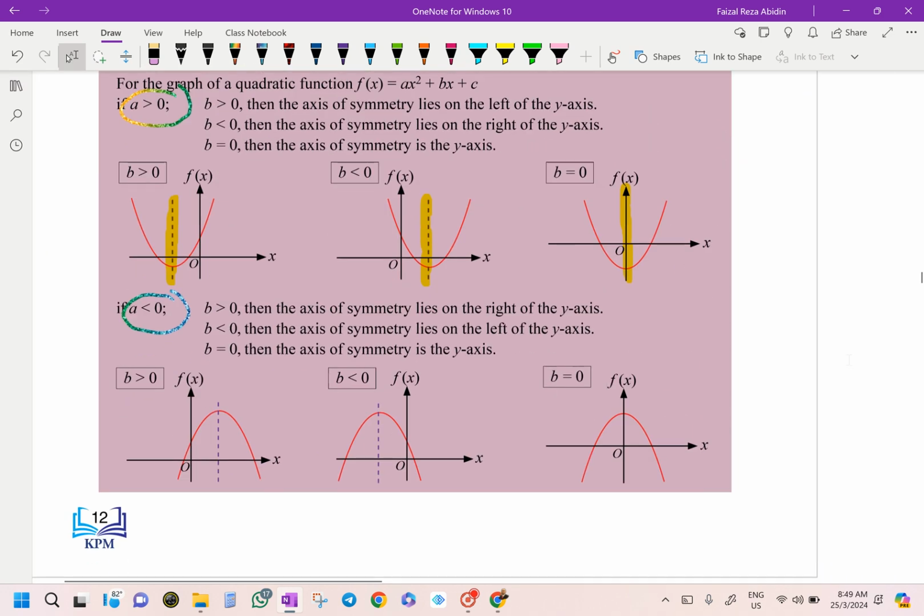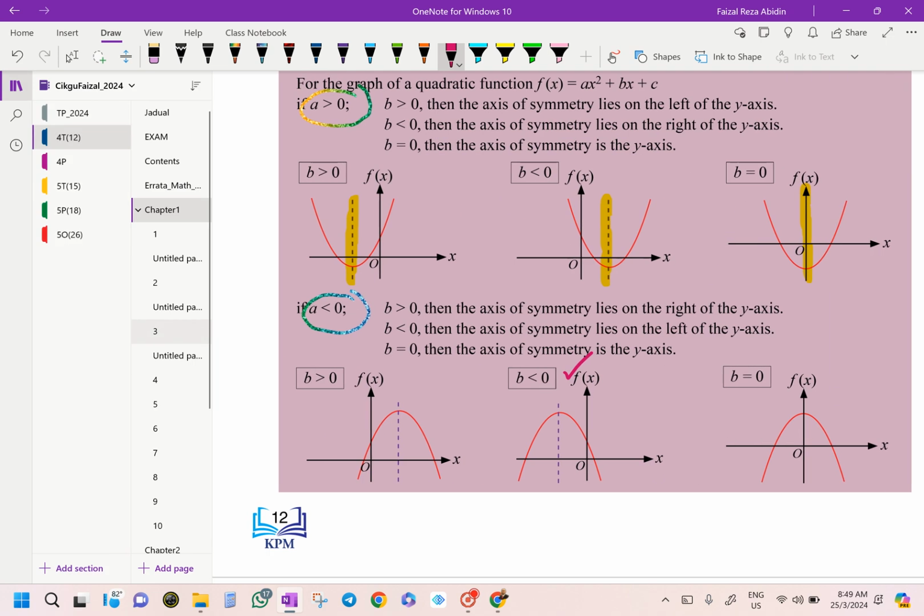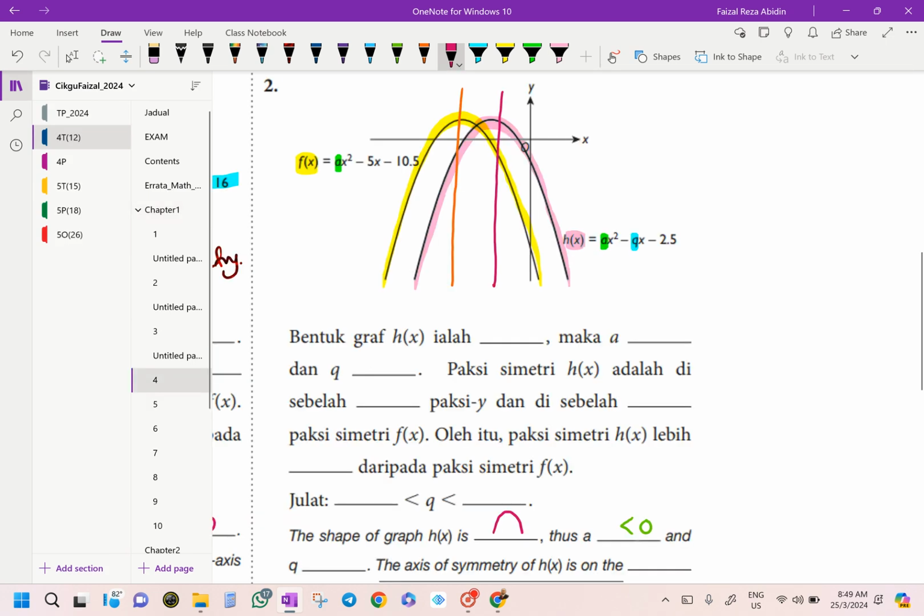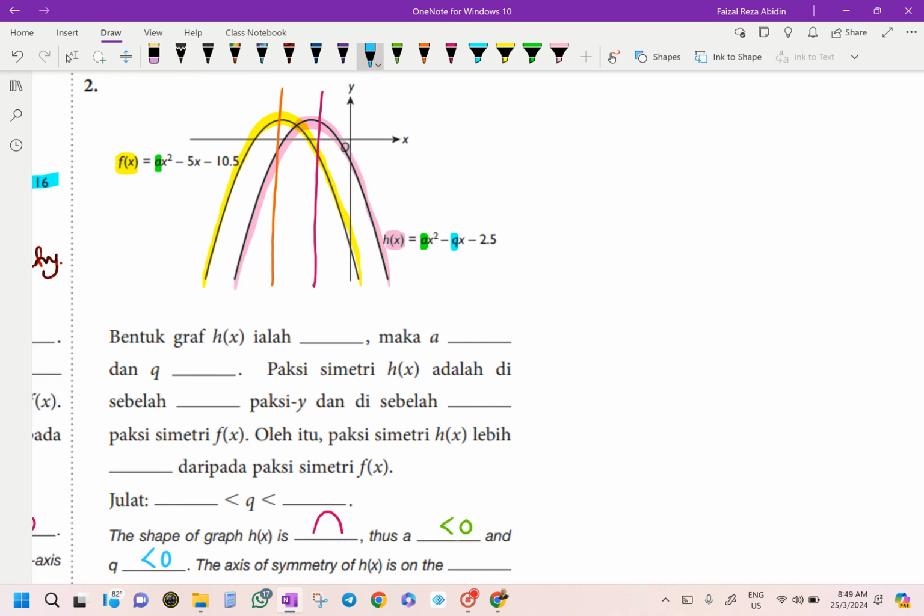Tengok yang bawah tu, because set phase. So if you look there, on our left side, our axis of symmetry from our y-axis. So you can state over here it is going to be also less than 0. Boleh kelas? Okay.